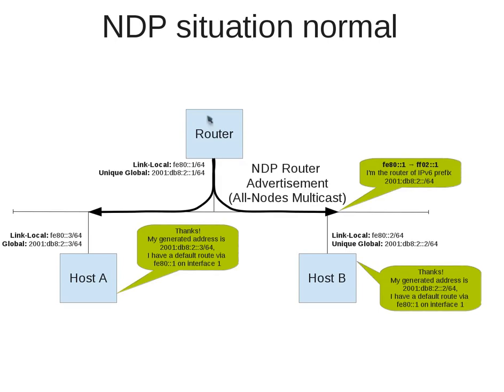The router sends out NDP router advertisements at intervals to a specific multicast address called all nodes. Here we can see how it looks: it typically sends this message from its own link local address to the all nodes multicast address FF02::1, and within the router advertisement it provides the unique global IPv6 prefix.